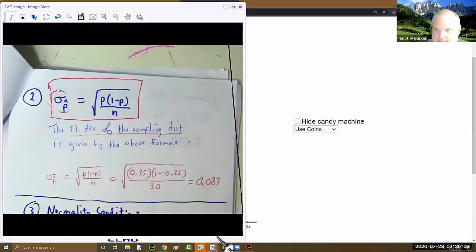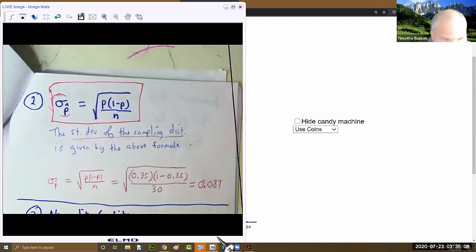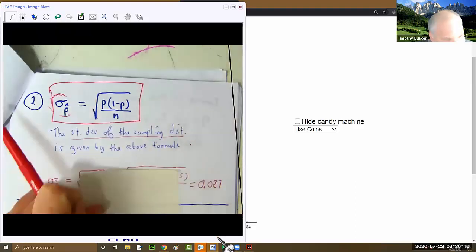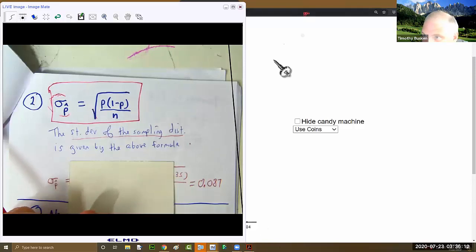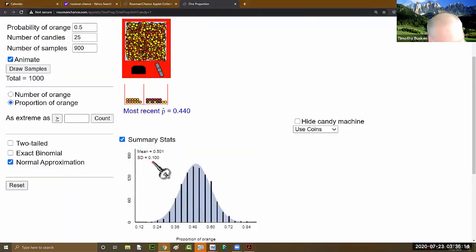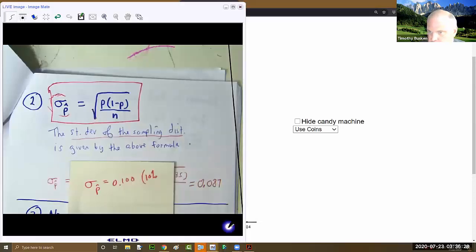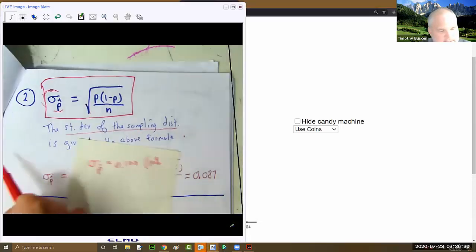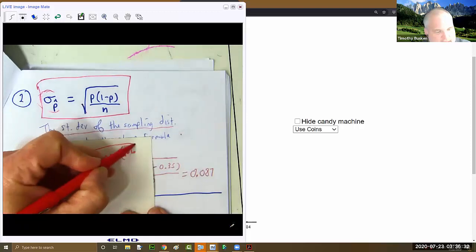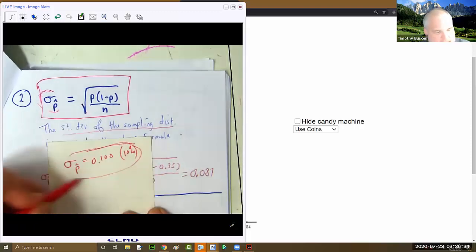They found the standard deviation of that list, and the report of that approximation is that sigma sub p hat is 0.1 or 10%. So the simulation tells us that the approximation of sigma sub p hat is that.